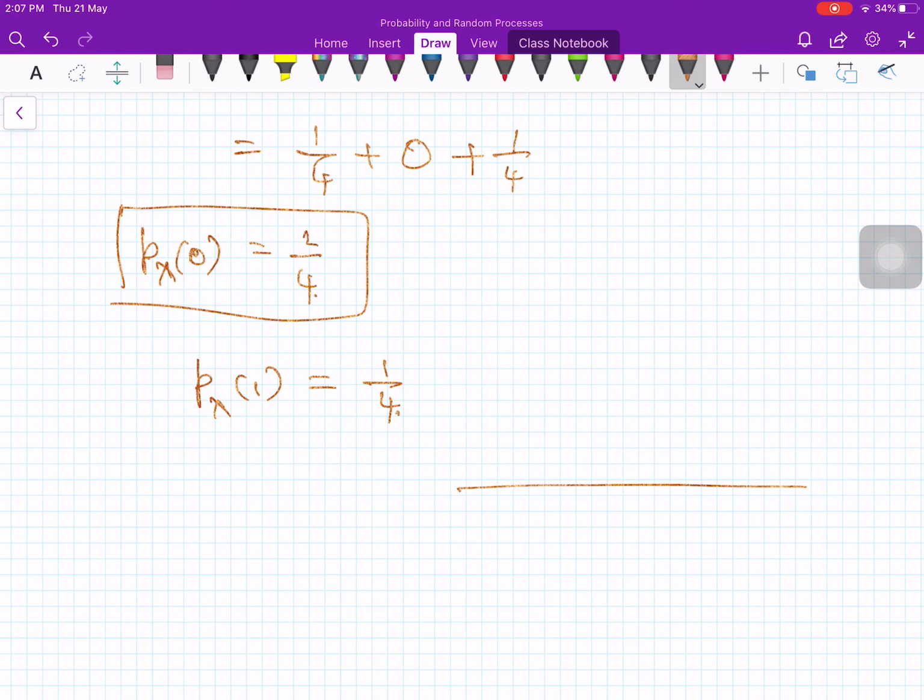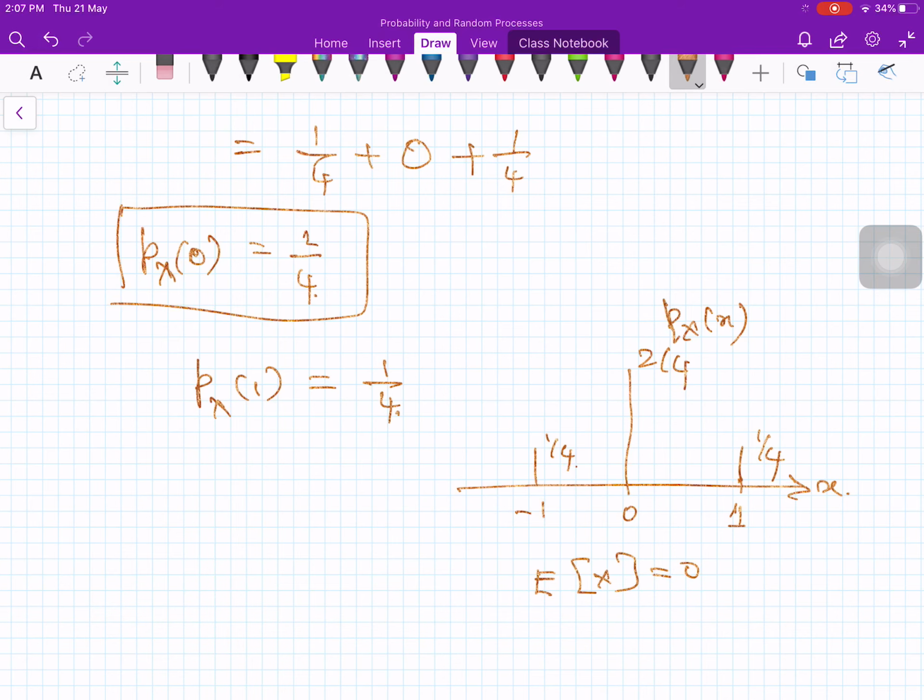Now if you draw the PMF of this, then when x equal to 0 it is 2/4, when x equal to 1 it is 1/4, when x equal to -1 it is 1/4. This is the probability mass function of x, that is the marginal probability mass function pX(x). Now if you calculate E of x, this is equal to 0.